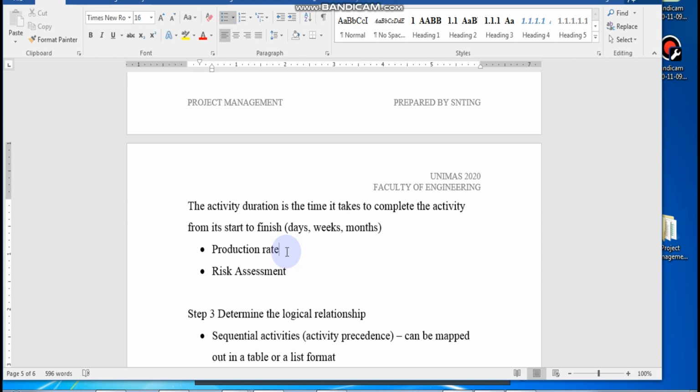So if you divide it, production rate is equal to quantity divided by time. If you exchange time with production rate, that means time equals quantity divided by production rate, and you will get your time.